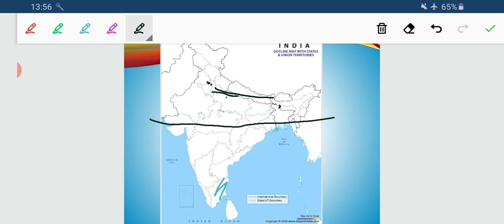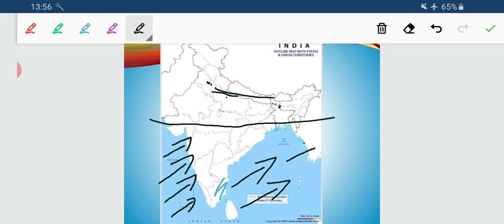During the summer season, the winds approach from the Arabian Sea in this direction, which we term the southwest direction, whether it is from the Arabian Sea or from the Bay of Bengal.